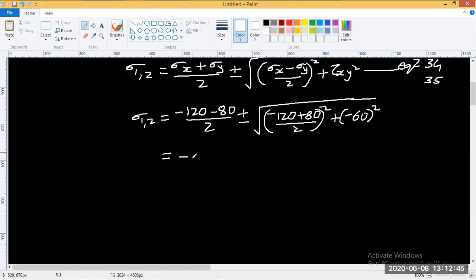So this will come to -100 plus or minus under the root, minus 120 plus 80 divided by 2 squared. You have 400 plus 60 squared, 4000, root of 4000, 63.24.